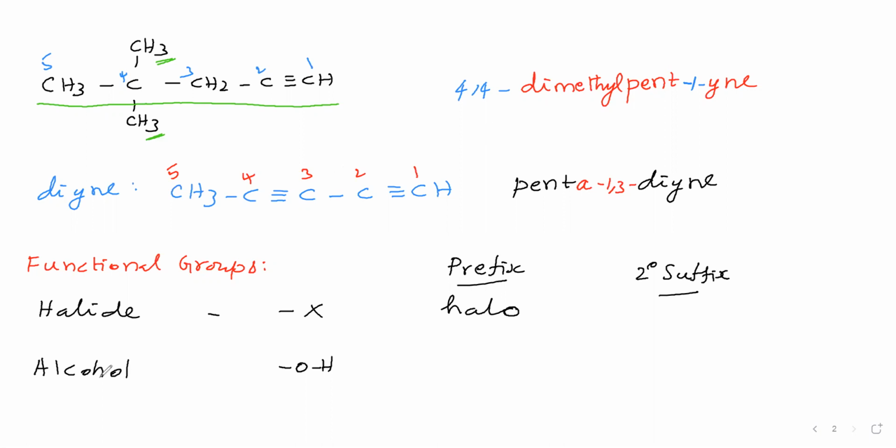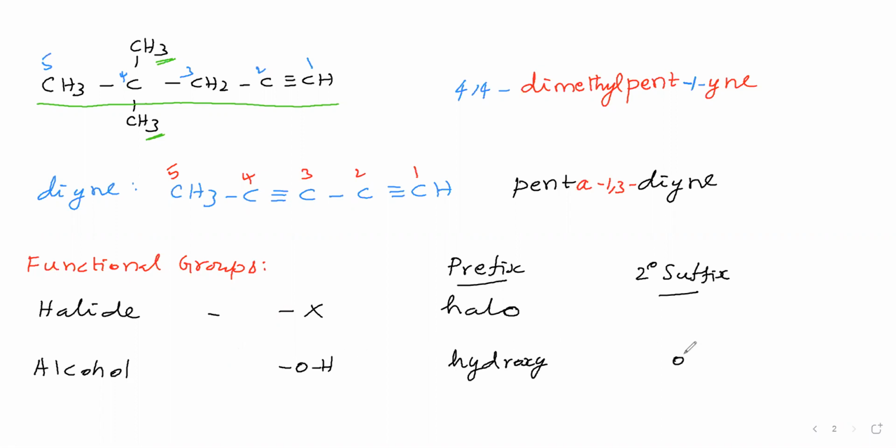When it comes as a substituent, the name we say is a prefix, and this name is called hydroxy. When it acts as the main functional group, it comes under secondary suffix.